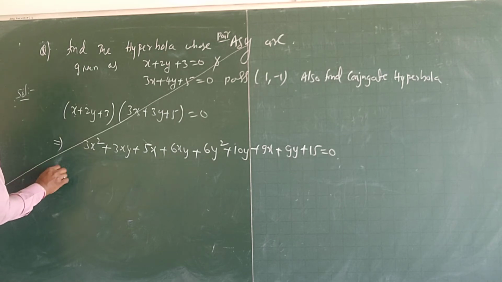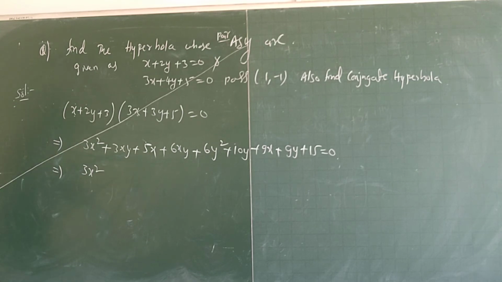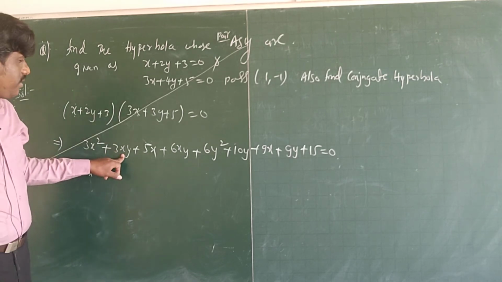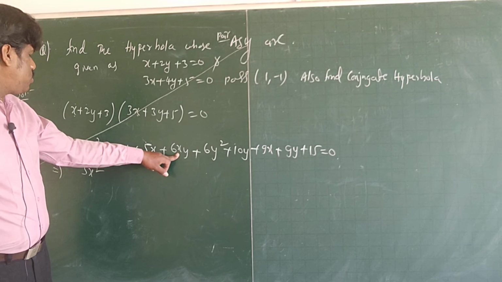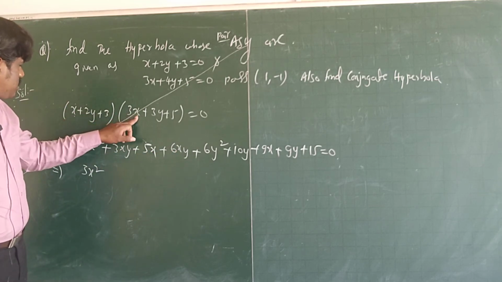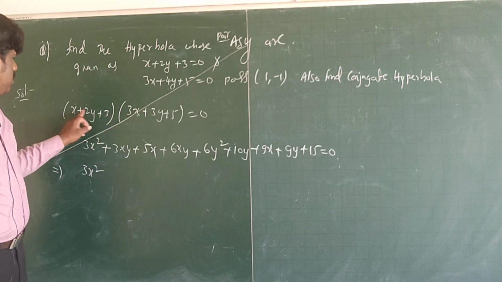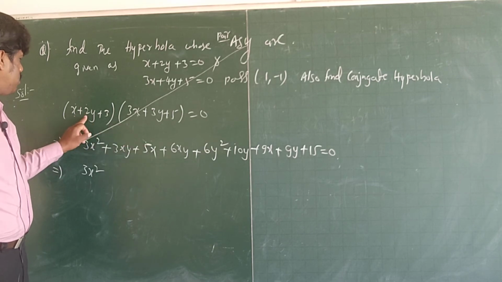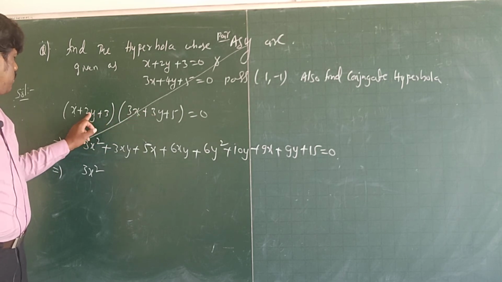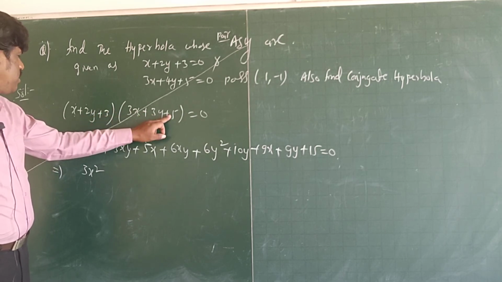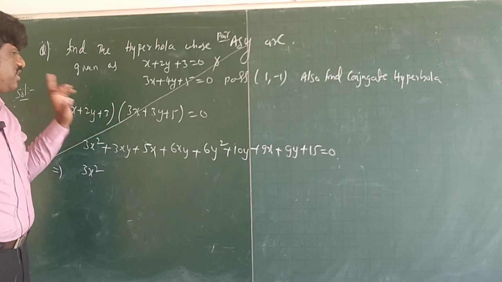So what I will get here, x square terms: only one x square, that is 3x square, and for xy, this is 3xy and this is 6xy, so you get 9xy. See, I'll repeat again. 3x square, 3xy, 5x, 6xy, 6y square, 10y, 9x, 9y, 15.